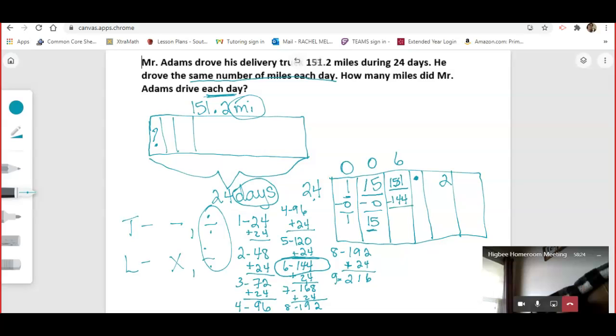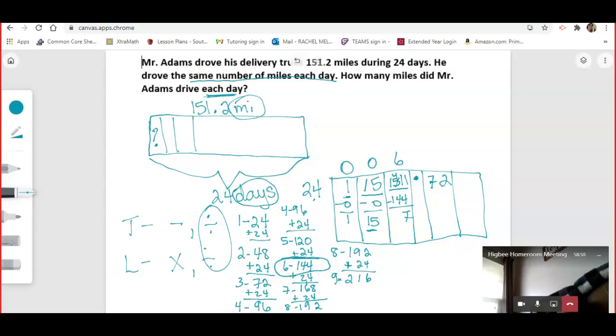If I regroup, what's 11 minus 4? 7. Good. Then I'm going to take my 7 and put it over here. Now, how many 24s can I get out of 72? 2 groups.